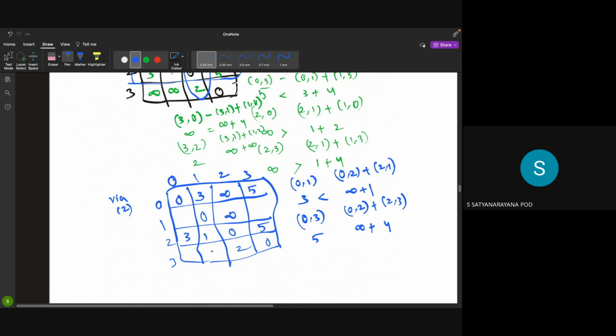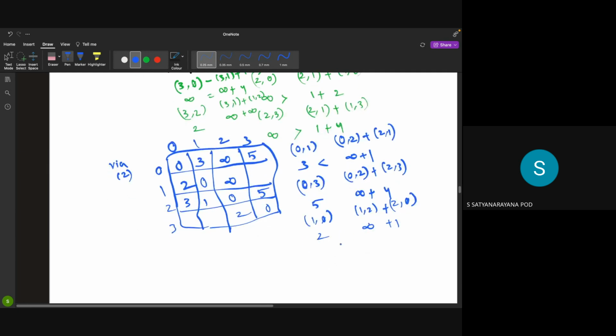And similarly, we are going to 1 to 0. Again, the 1 to 0 possibility we are trying is 1 to 2 plus 2 to 0. So 1 to 0 is 2, and this is infinite, and this is 1. So this is a better value, 2 is as it is. Next one we are trying is 1 to 3.